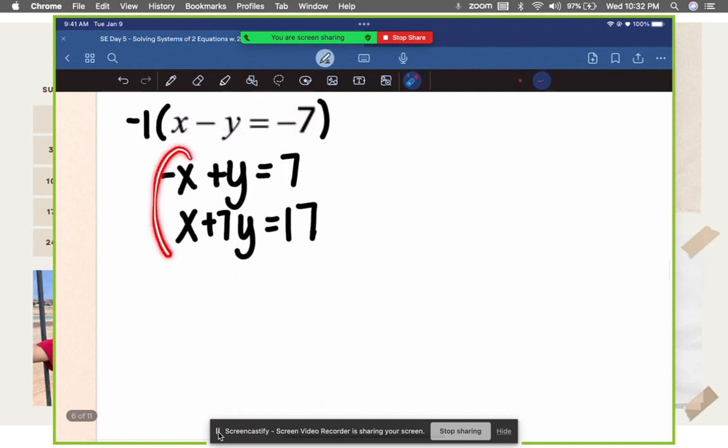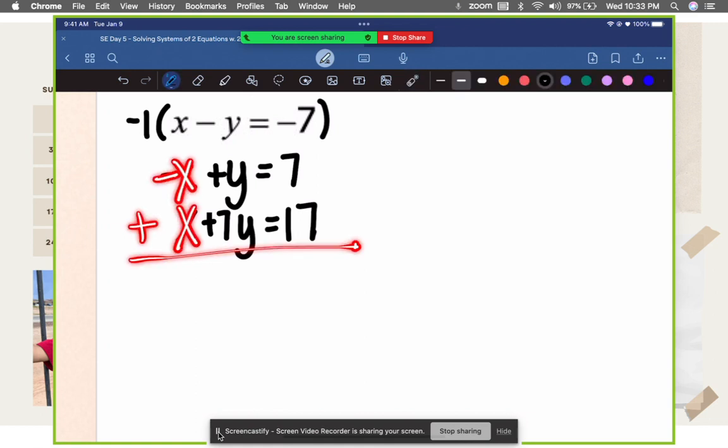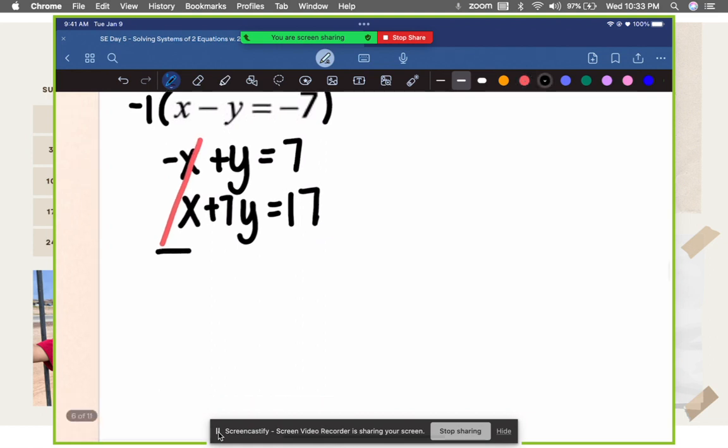Make sure that these are lined up. And then I'm literally just going to add them, okay? So x minus x will equal 0. That'll cancel out completely. I have 1 plus 7 will equal 8y. And 7 plus 17 will leave me with 24.